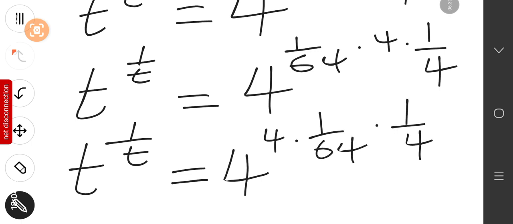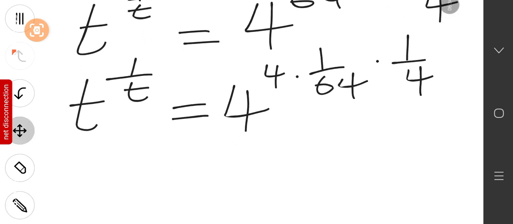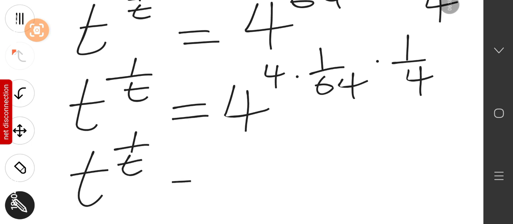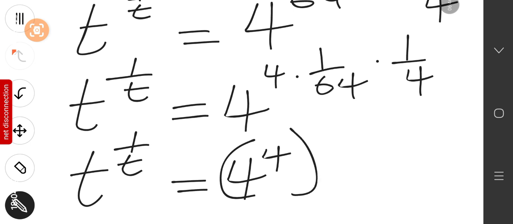Here we are just changing the positions of the exponent. So you're going to have t exponent 1 over t equals 4 exponent 4, and we are left with 1 over 64 times 1 over 4 as exponent.